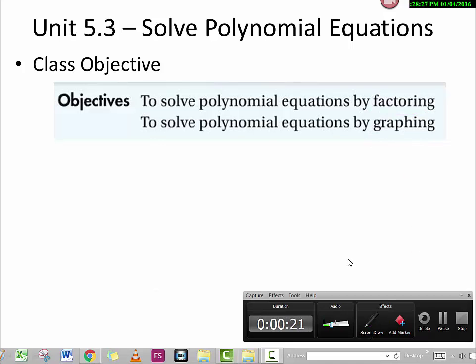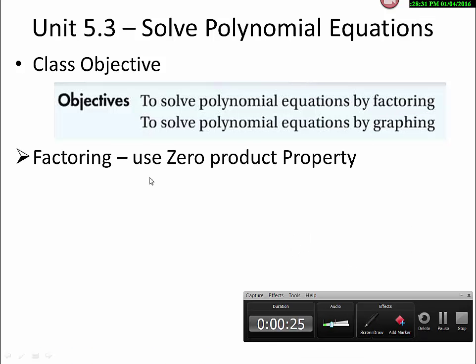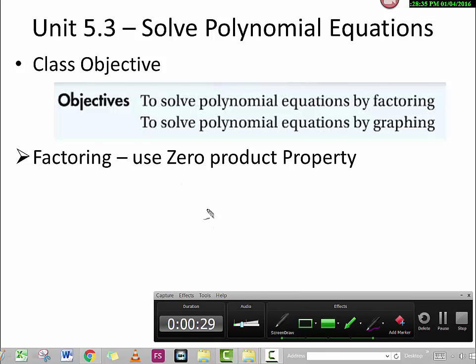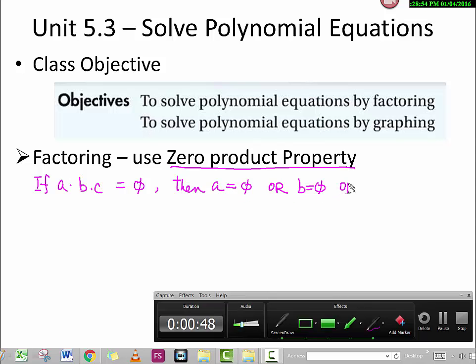Remember, when we use factoring to solve a polynomial equation, we are basically making use of the zero product property. So what exactly is the zero product property? It means if A times B times C equals 0, then A is going to be equal to 0, or B is going to be 0, or C is going to be equal to 0.